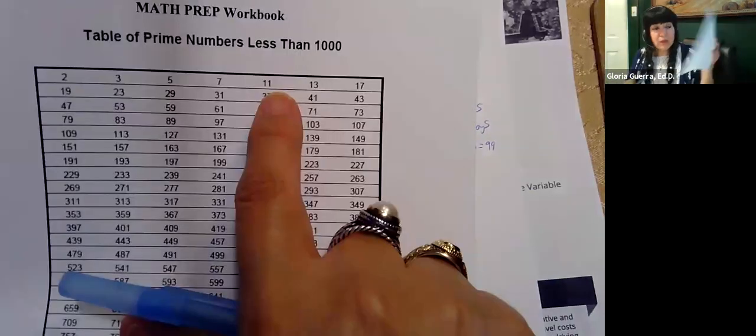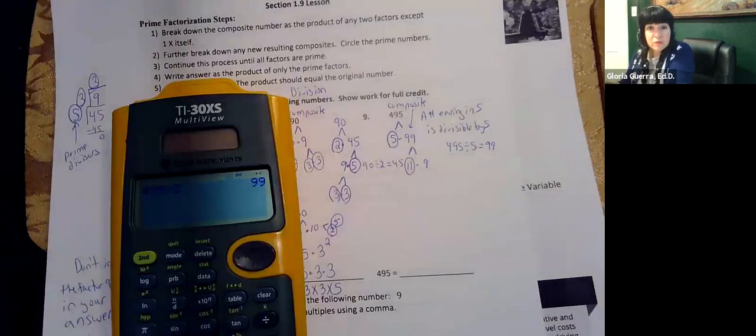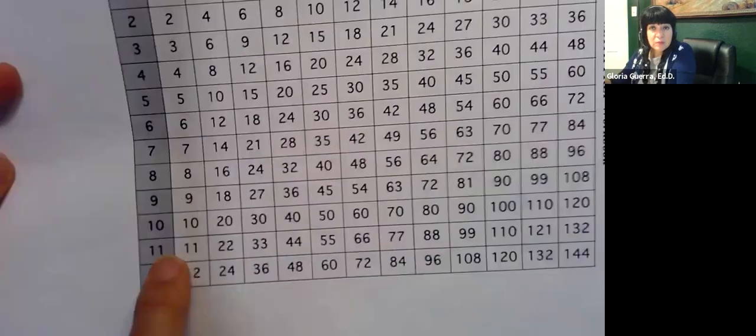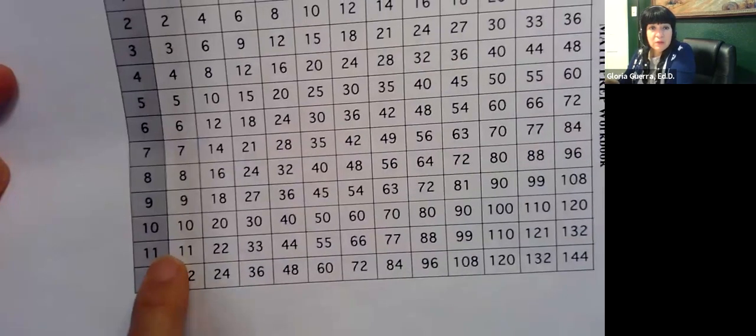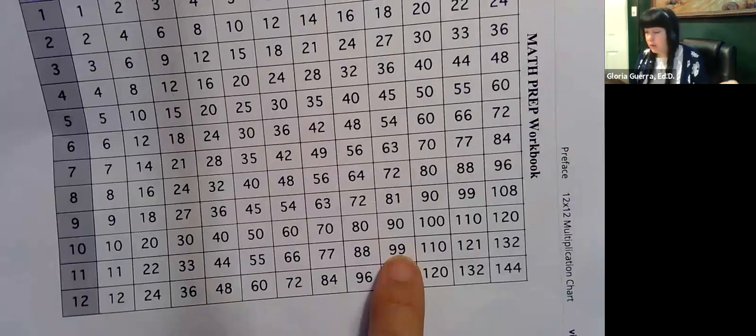If you look for 11 on here, see 11, and then times 9. 11 times 9 is 99. So that's another way you could search for that.